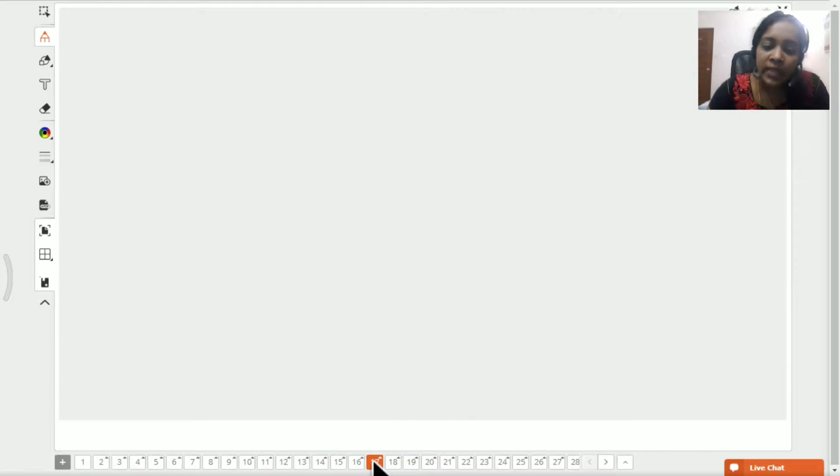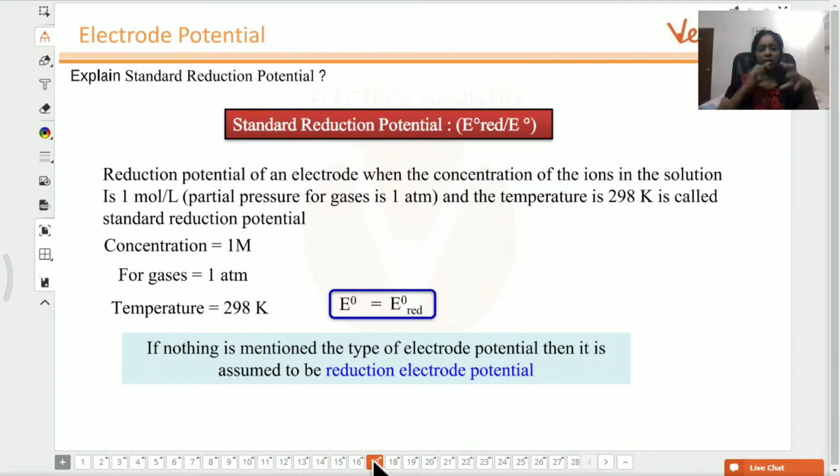Moving on to standard reduction potential. That's just an extension of electrode potential. Now that you understood what electrode potential is, what is standard electrode potential? Whenever you use the word standard in chemistry, it's talking about standard conditions. So when do I record standard electrode potential? I will record it when the concentration of the ions in the solution is 1 molar, or 1 mole per liter.